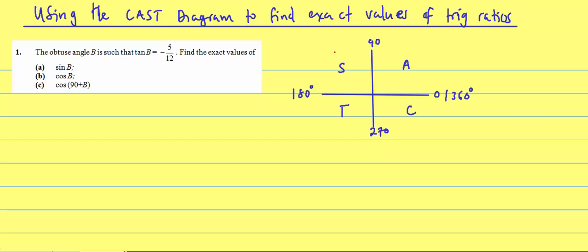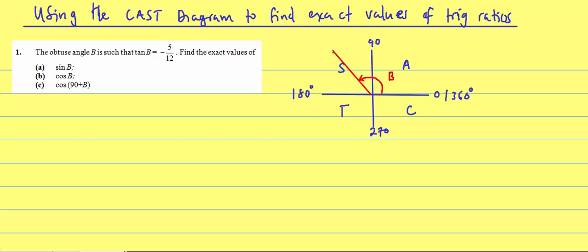So if I draw it and incline it like that, then this angle here is an obtuse angle, and that is going to be angle B. And you can see that this is correct because tan B has to be negative, minus 5 divided by 12, and that's true. Tan theta, or tan B, is negative in the second quadrant.